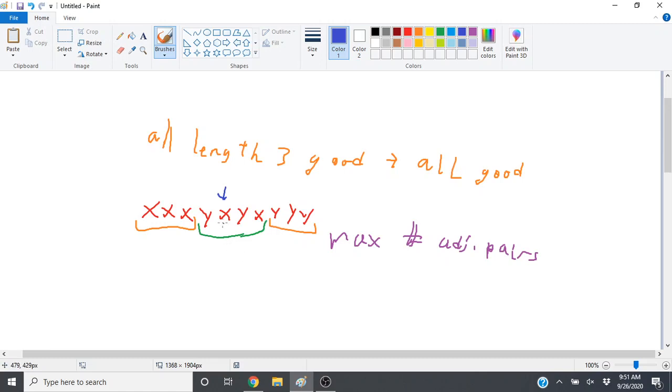Right? But this is annoying because this has 0 adjacent pairs. If we can instead make this something else, then we could increase the number of adjacent pairs and not change the answer at the same time.